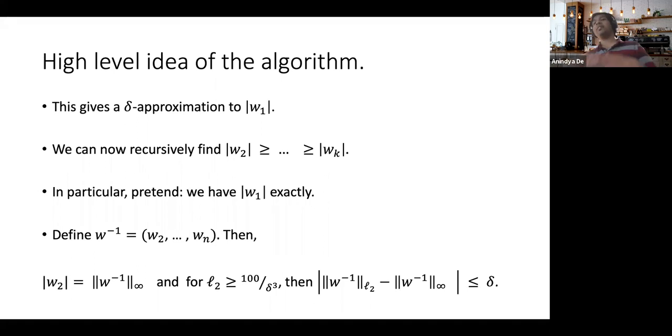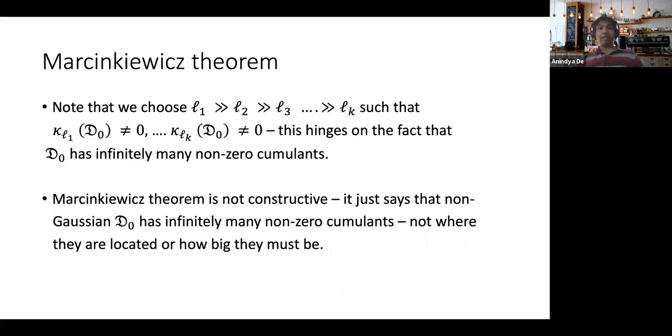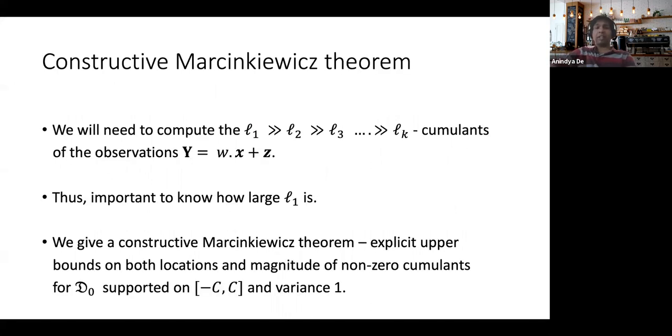We just say it depends on what D naught is, so where the location of its non-zero cumulants are. If D naught is a distribution which has compact support, then we can explicitly get a version of the Marcinkiewicz theorem. It's not great, but it's something.